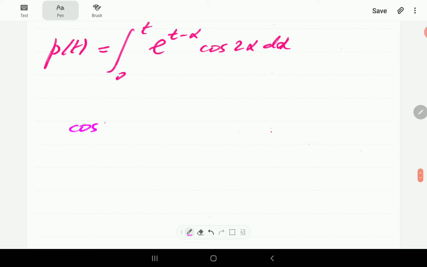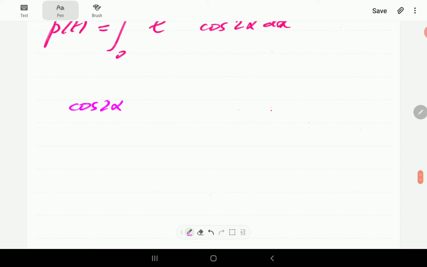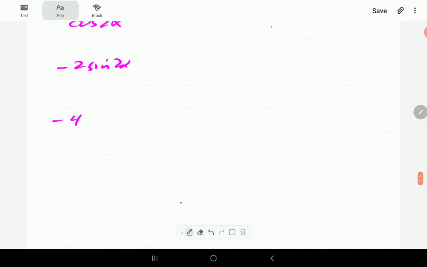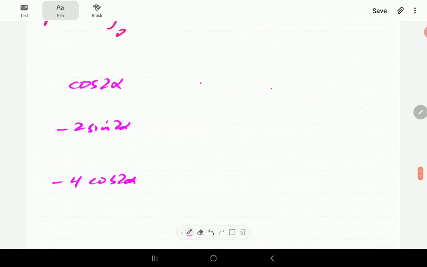If we take the cos 2 alpha and differentiate it, then we're going to have negative 2 sine 2 alpha there, then negative 4 cosine 2 alpha, then e to the t minus alpha.